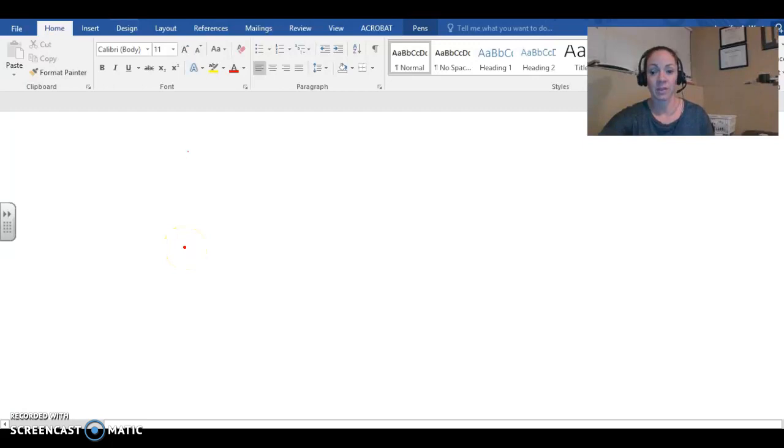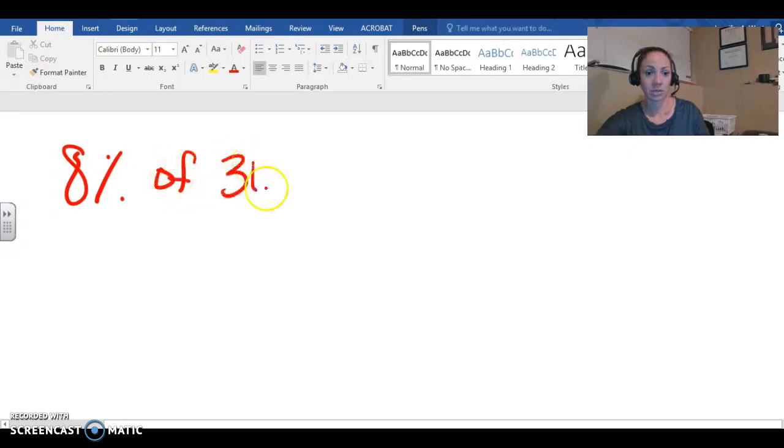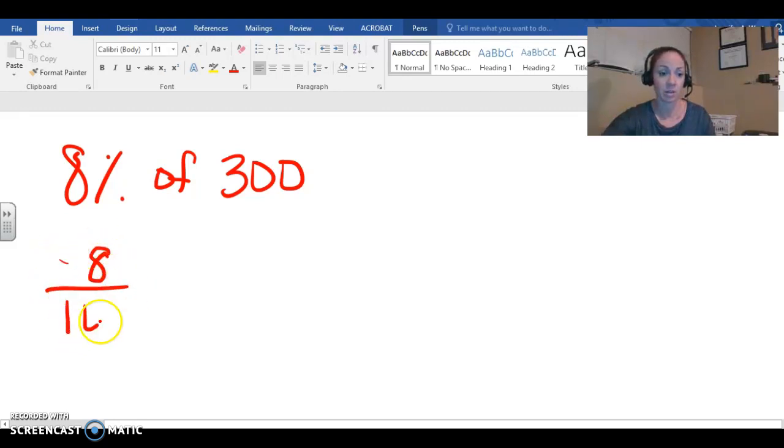All right, our next one, 8% of 300. Well, let's do the whole multiplying with a fraction thing. So we know that when we're talking percents, we're talking parts of 100. So 8 over 100 times 300 is going to equal something or another.